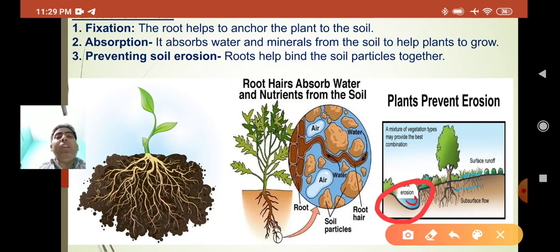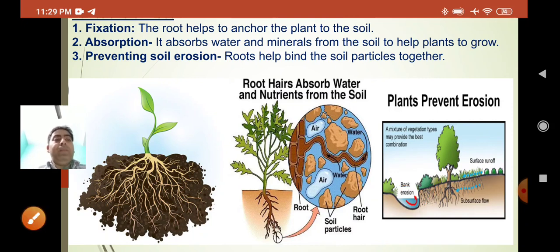That is called humus. Because of the humus, plants are fertile. If this is blown away, then the soil will be infertile. The root helps to bind the soil particles together. In this way, the root prevents the soil from being blown away by the wind or washed away by water.